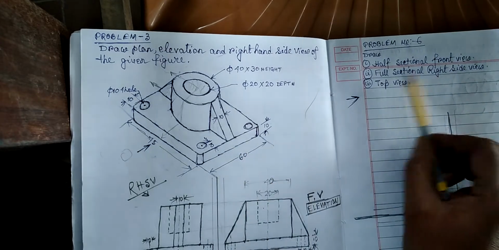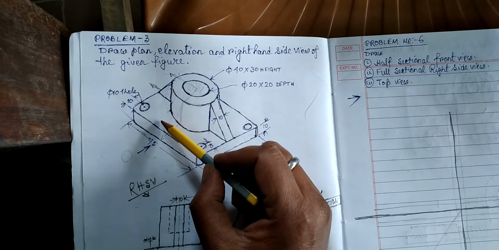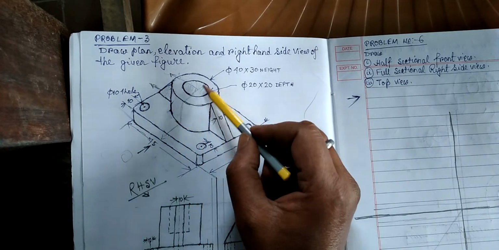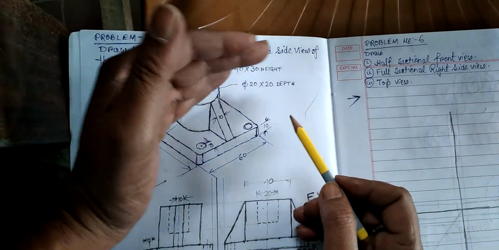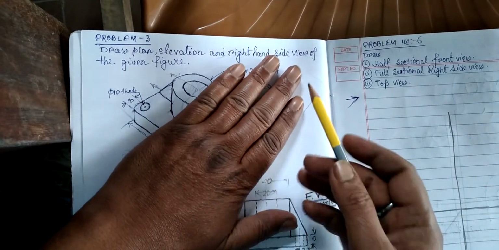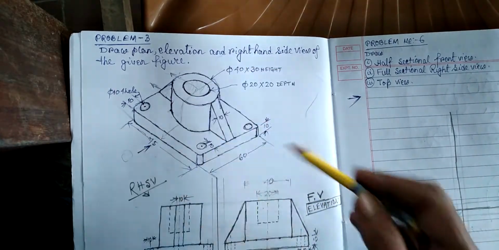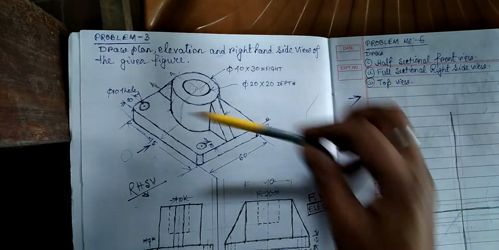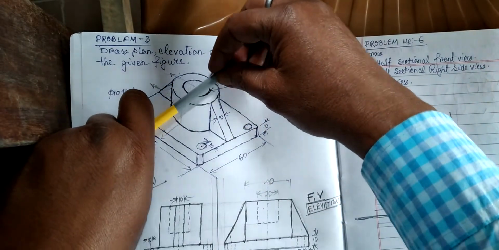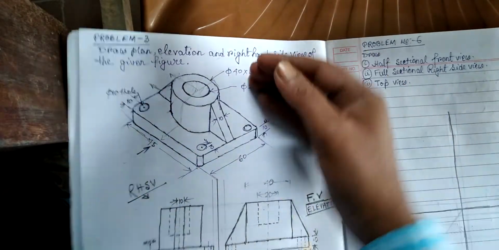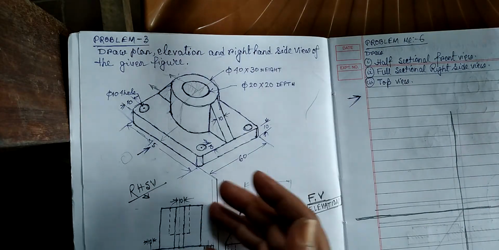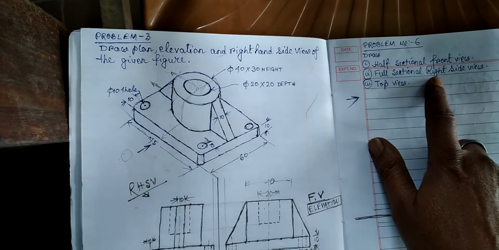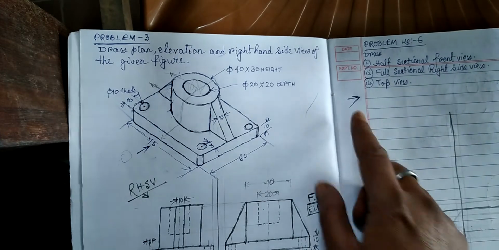Full sectional means we have to remove the half portion, remove this portion, and then we can see the full section. After cutting the half from here and removing this portion, whatever we see is our full sectional right side view, and the top view.